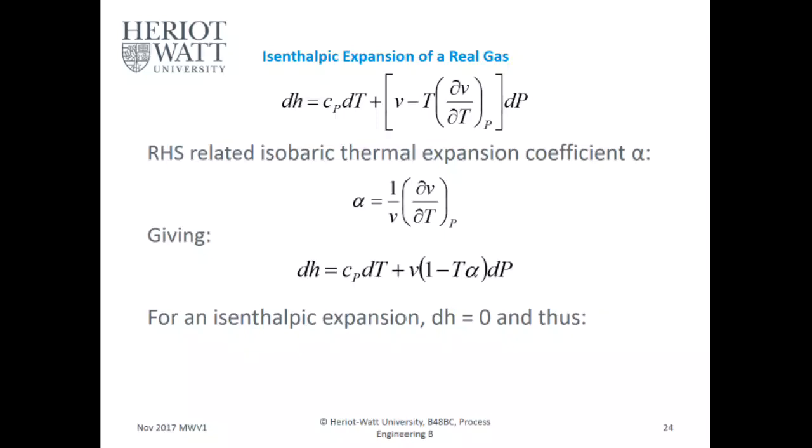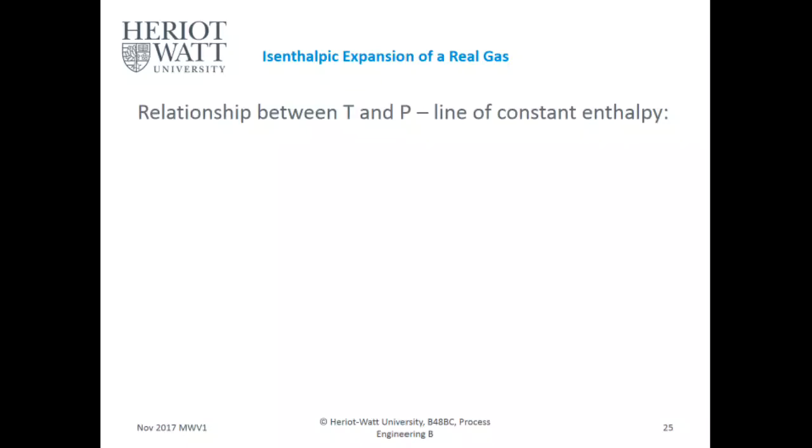So for an isenthalpic expression, the change in enthalpy is 0, and hence dT equals negative V over Cp multiplied by (1 minus T alpha) with respect to the change in pressure. So the relationship between temperature and pressure along a line of constant enthalpy, so in your pipe you have a line of constant enthalpy, is the minuscule change in temperature over the minuscule change in pressure at constant enthalpy, which equals negative V over Cp multiplied by (1 minus T alpha).